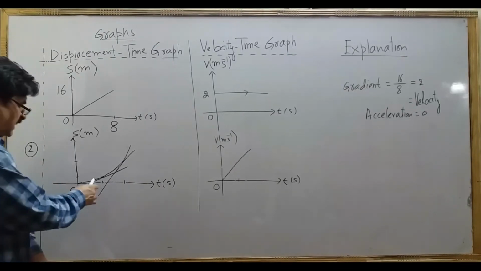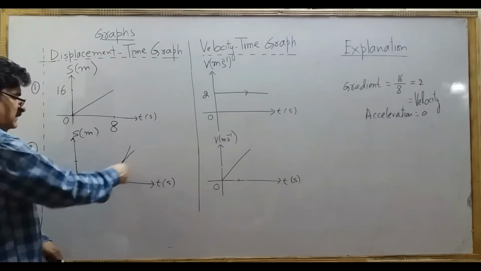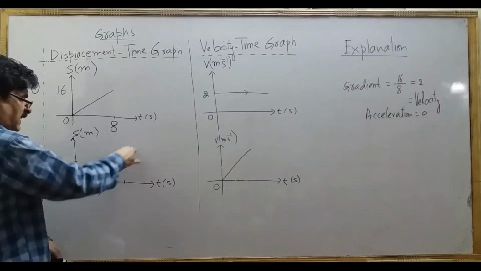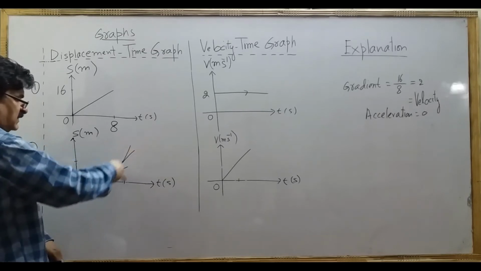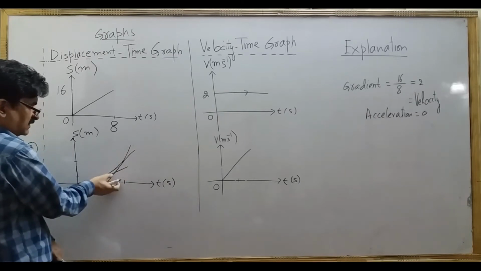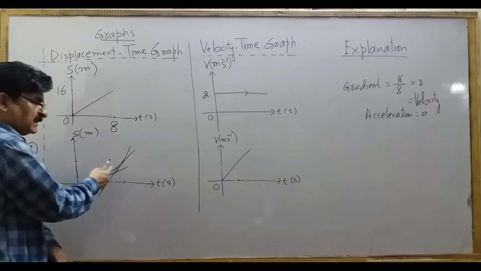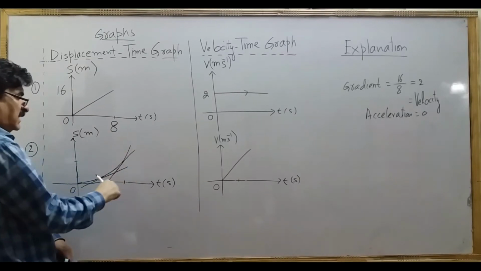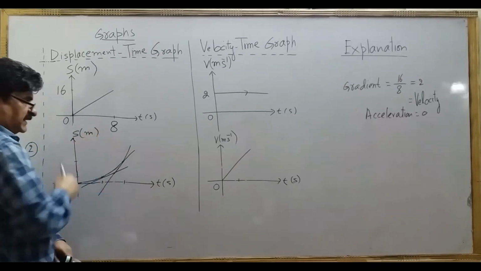If you draw the tangent line at this point, it will have some gradient which will be positive. If you take some other point on the curve and draw the tangent line, its gradient will be greater than this tangent as it is more steep, or it is making a greater angle than this tangent. It means that the velocity is increasing. Velocity is given by the gradient of the tangent to the displacement time graph.